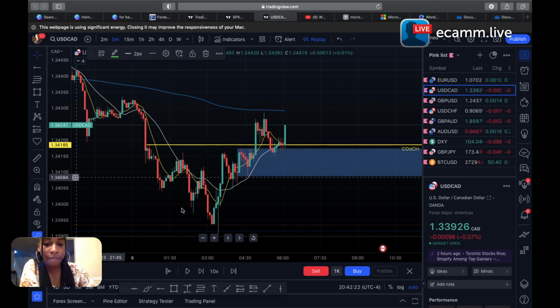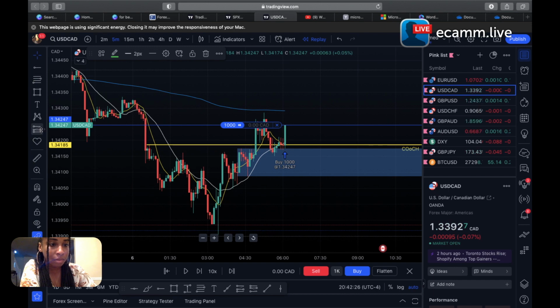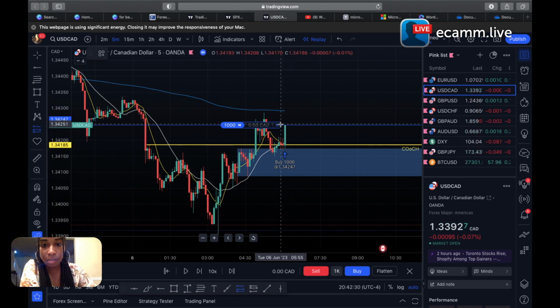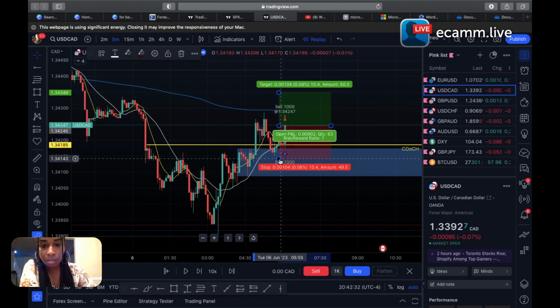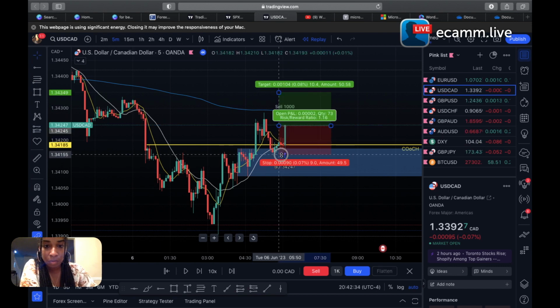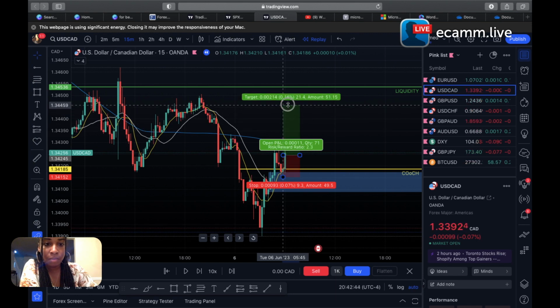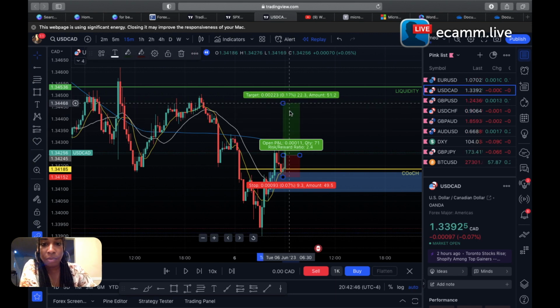So we are definitely getting in the buy because it fits all of our rules for a long position. Stop loss below this low. And for our take profit, I'm going to aim towards a little bit below this liquidity level.